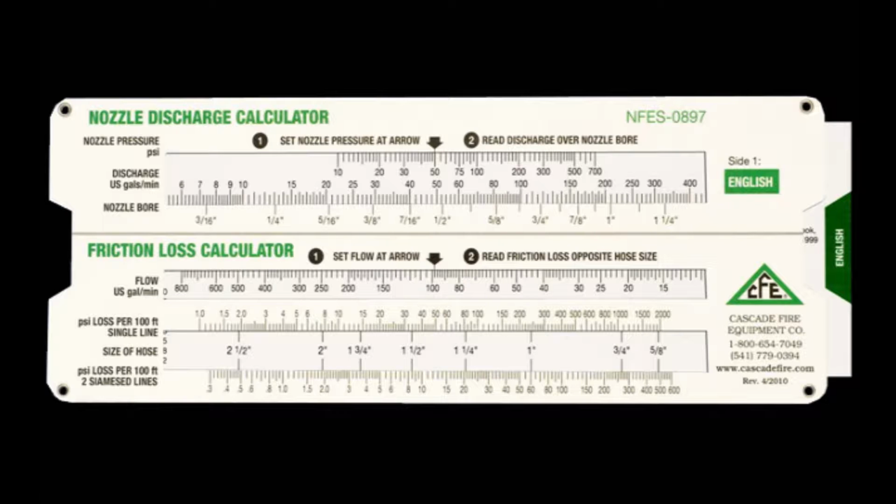Read friction loss, opposite hose size. So you're going to correlate to the bottom now. What size is the hose you were using? You've set your flow. You look at the hose size now. Wherever that hose size lines up is going to be your friction loss. And that's how you use a friction loss calculator.